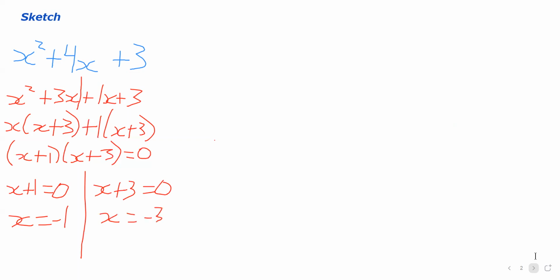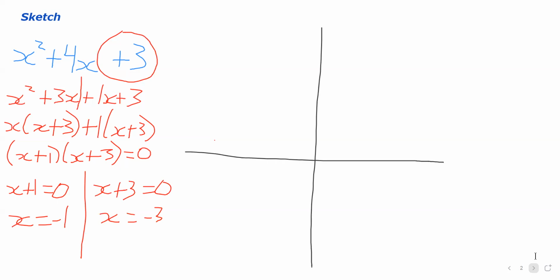Alright, and we need to know what our y-intercept is. Just like the steps, the y-intercept is the constant from the quadratic equation, which in this case is +3. So we have everything we need, and we can go ahead and sketch the quadratic. We draw an xy plane, with x and y axes.